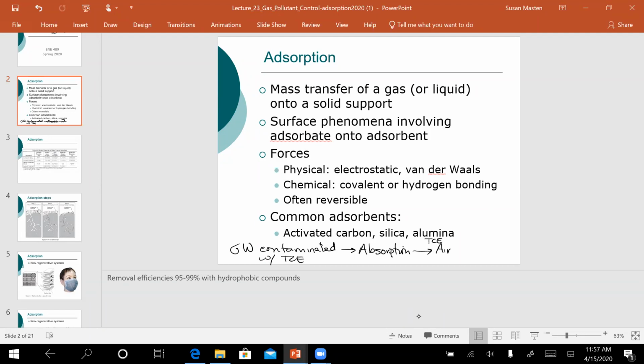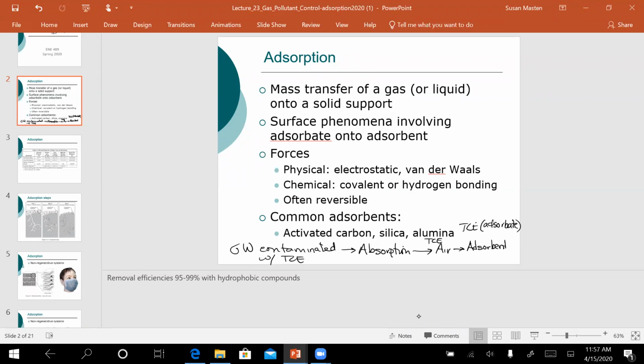We could then take that airstream and put it through an adsorbent. Okay, the TCE is your adsorbate, what's being sorbed, and that is being held. We'll talk about those forces, but it's being held onto a solid support or your adsorbent.